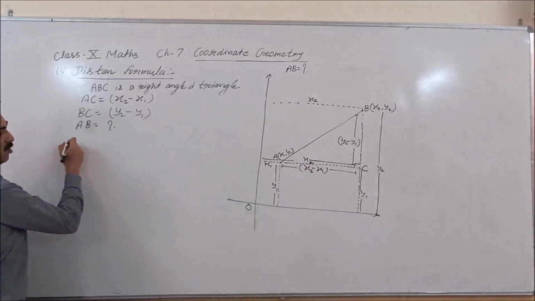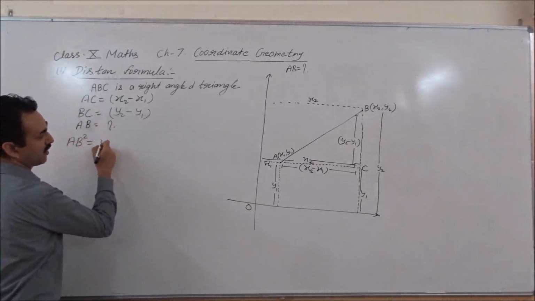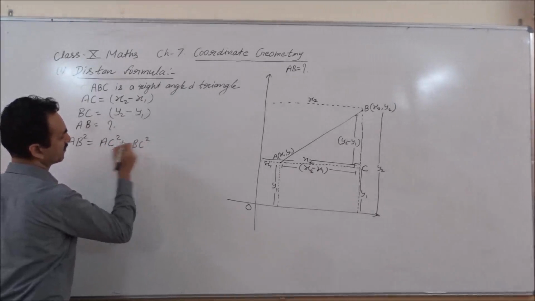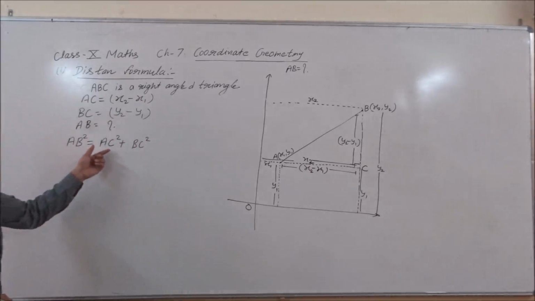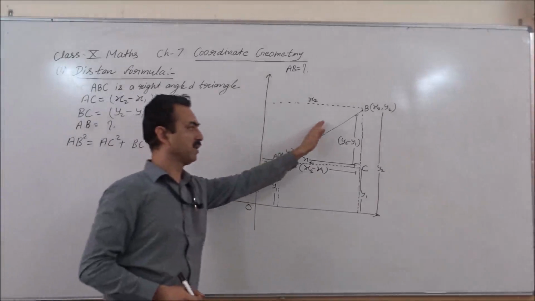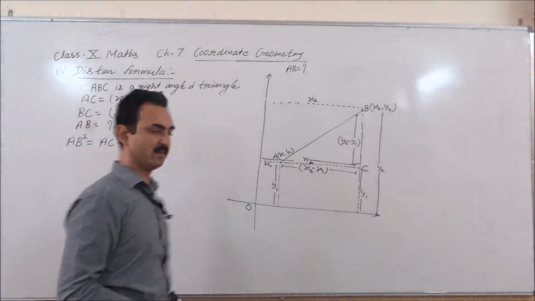So according to the Pythagoras theorem, AB square equals AC square plus BC square, right? Hypotenuse square equals the sum of the squares of the other two legs, right?